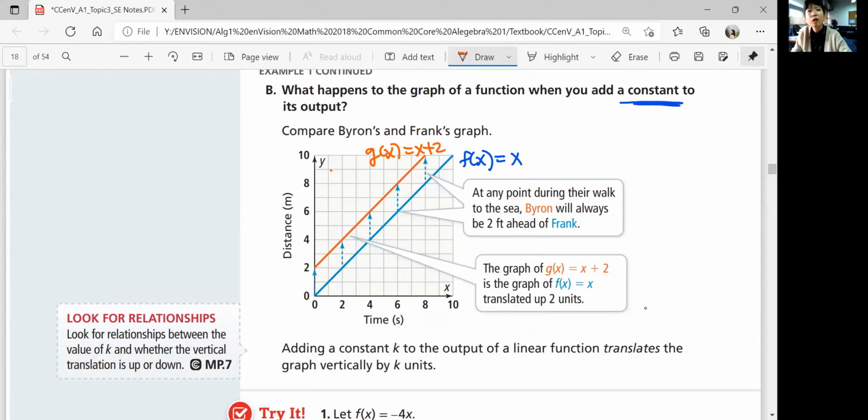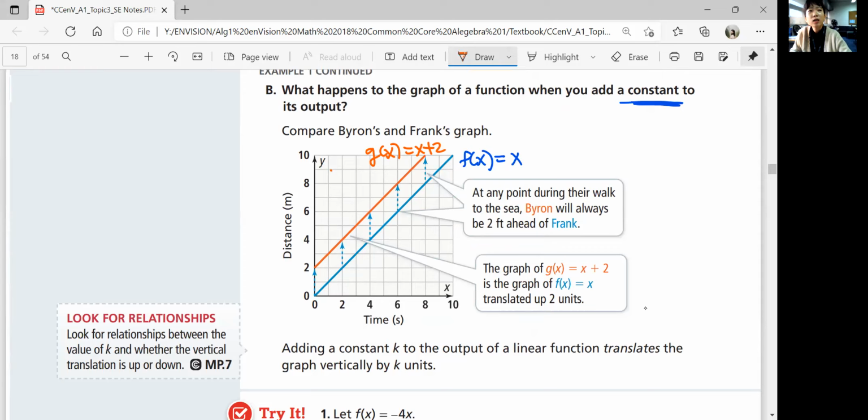Because they have the same speed, Byron will always be 2 feet ahead of Frank. Right? So you can say that all these points from f of x would be translated up 2 units in order to be the exact same line as g of x.